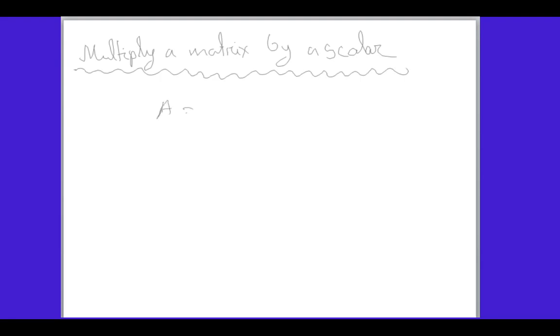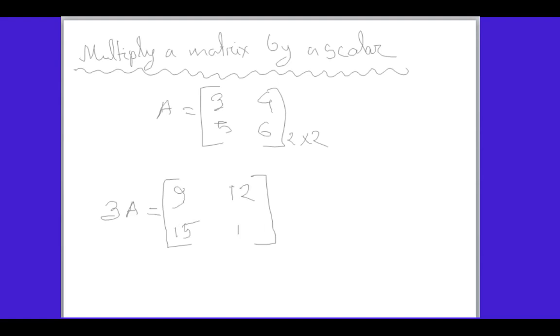Suppose A is a matrix 3, 4, 5, 6. This is a 2 by 2 matrix. If we multiply this matrix with a scalar, suppose we have to find 3A. So what is 3A? 3A means multiply every element of the matrix by 3. That means 3 3s are 9, 3 4s are 12, 3 5s are 15, 3 6s are 18.